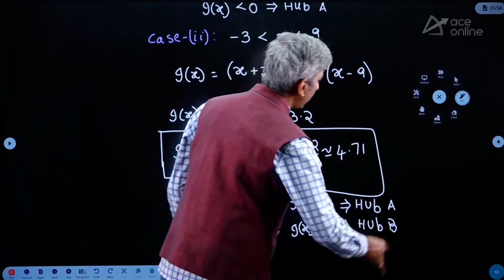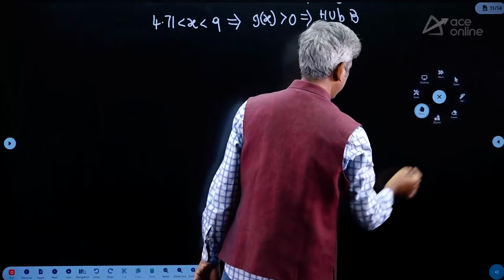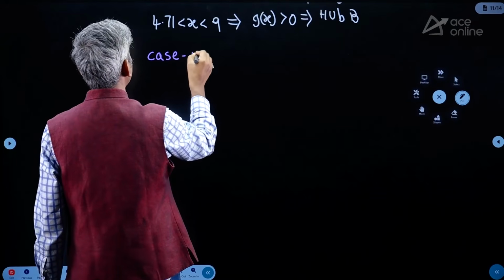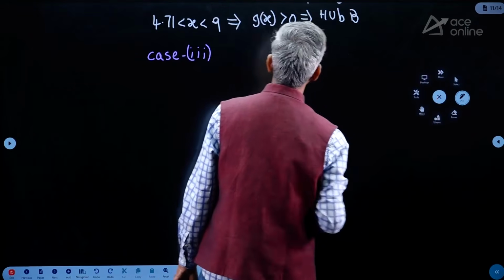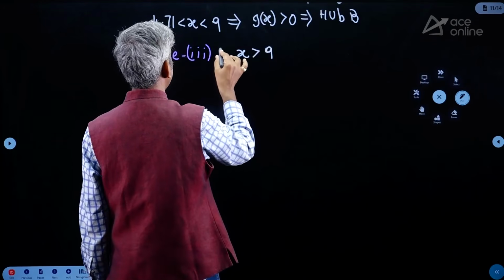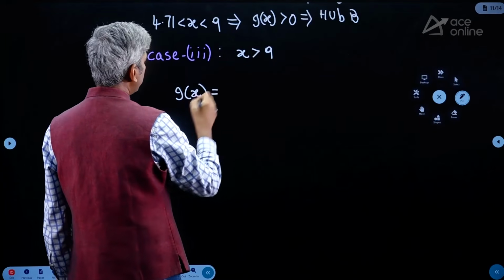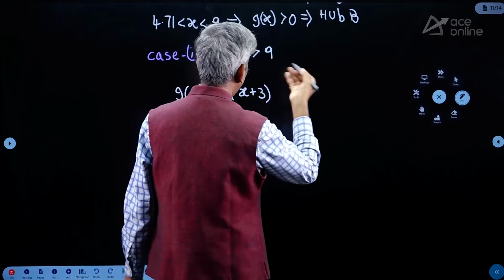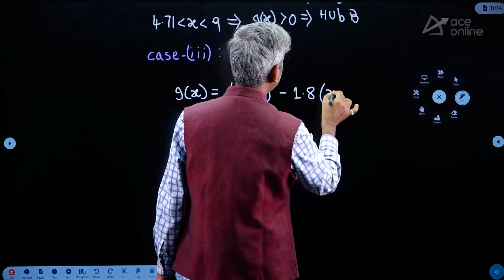Next, in a similar manner, you need to analyze case 3 also. You take up your third case where x is always greater than 9, which means its corresponding g of x is x plus 3, positive for x greater than 9, minus 1.8 times x minus 9.